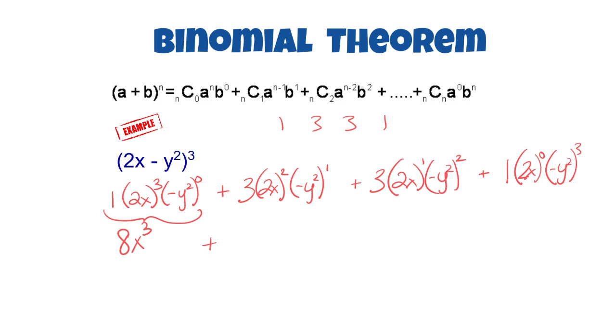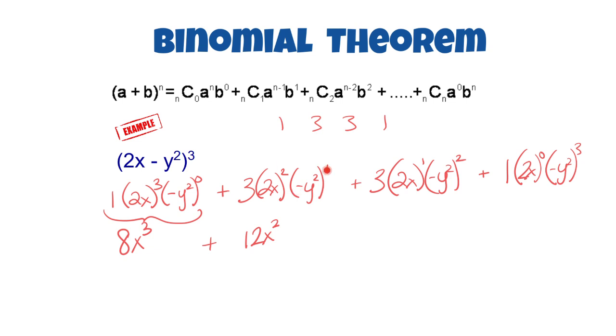Now I have a 3 times a 2 squared. So that's a 12 x squared. And now what I have is a negative y squared to the first power. Power to a power, we just multiply. So that's going to be y squared. But this negative is really like a negative 1.